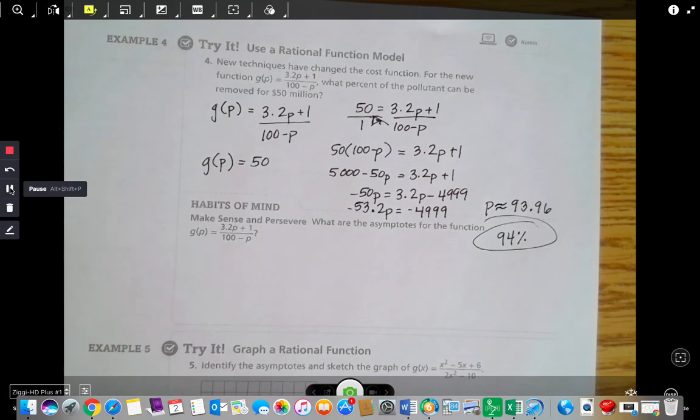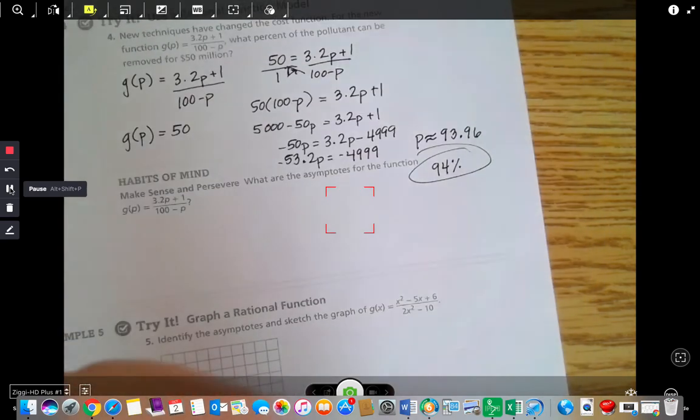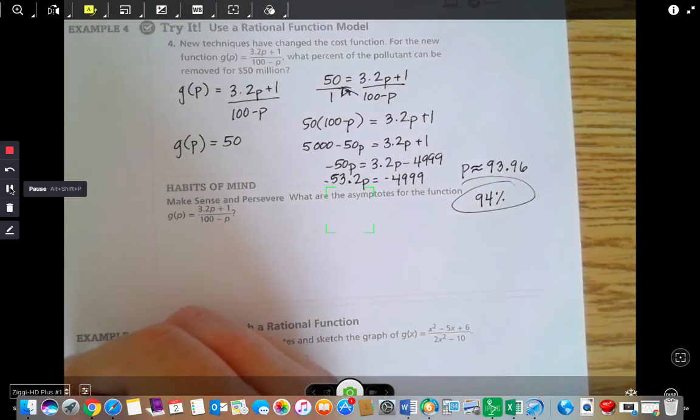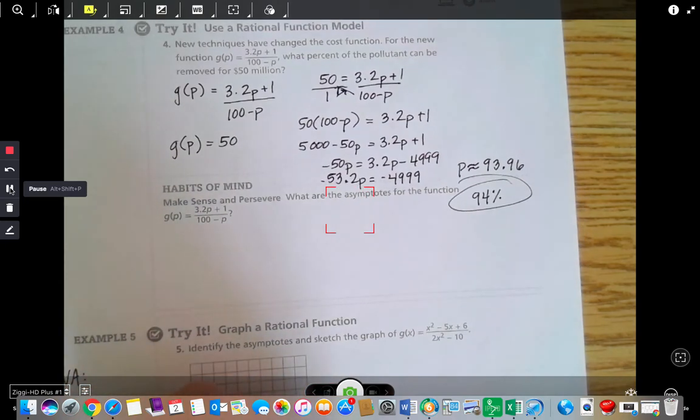Alright, one last problem here. Vertical asymptote, horizontal asymptote, x-intercept, y-intercept, domain, and range.